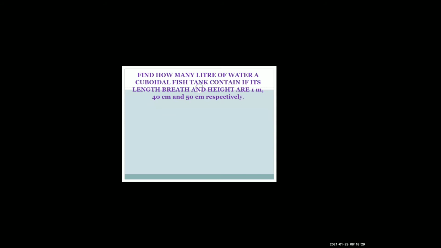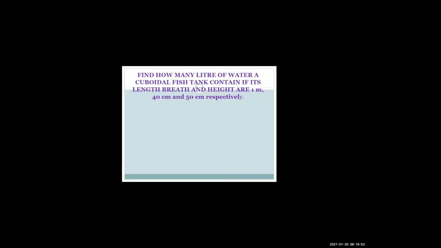Find how many liters of water. You have to find water, so capacity, so volume. A fish tank is a cuboid, so you're going to find the volume, and for volume, the dimensions are length, breadth, and height, given as 1 meter, 40 centimeters, 50 centimeters.